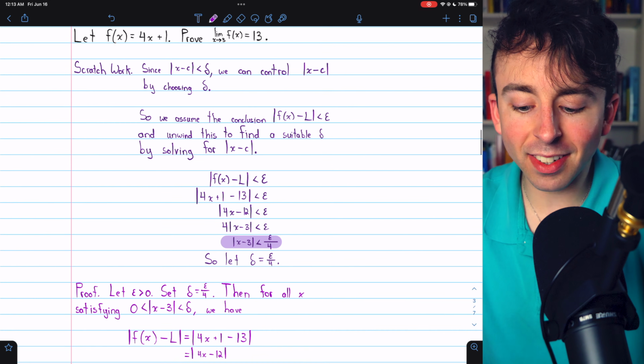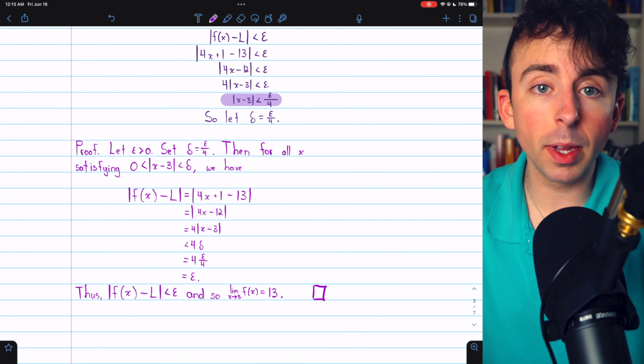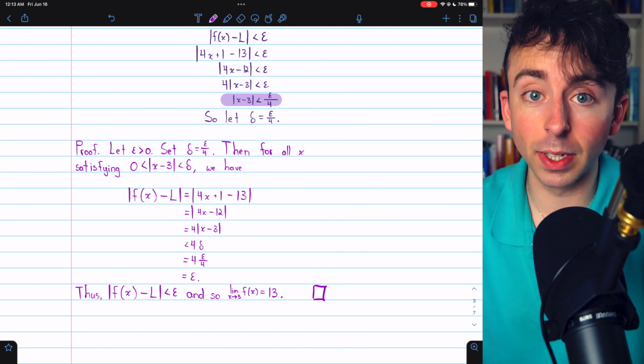So those are two basic examples of using the epsilon-delta definition to prove that the limit of a function at a particular point is a particular value.